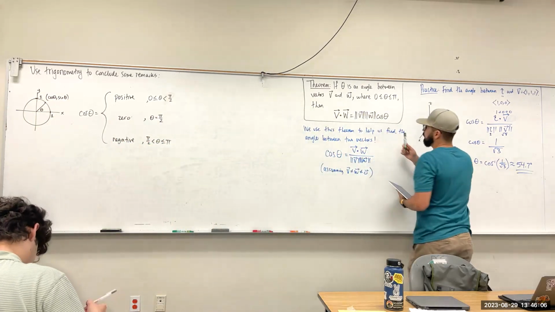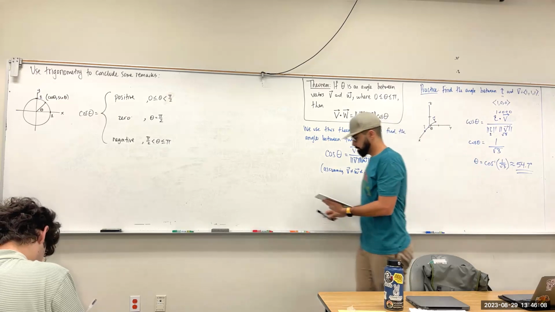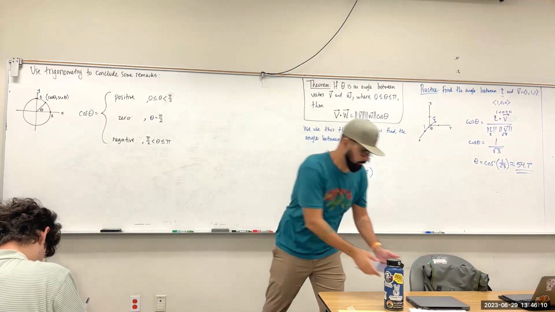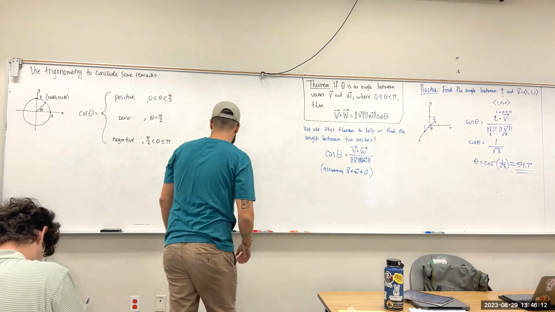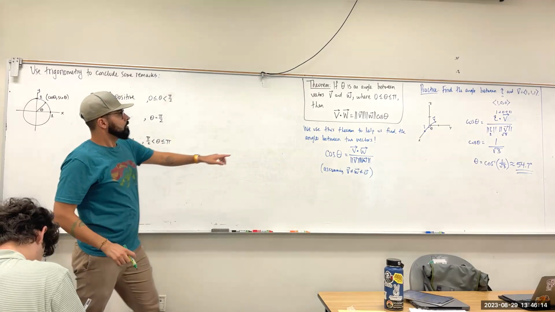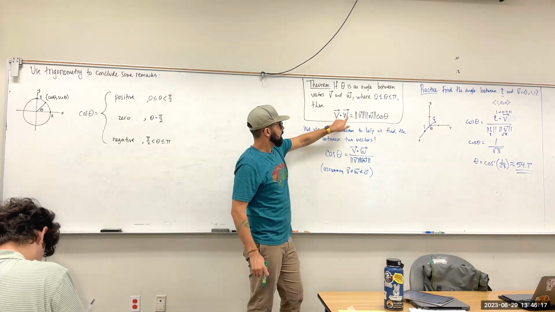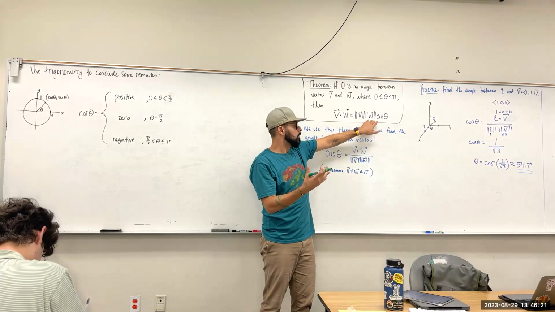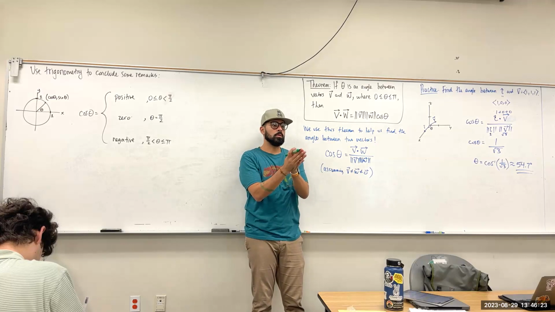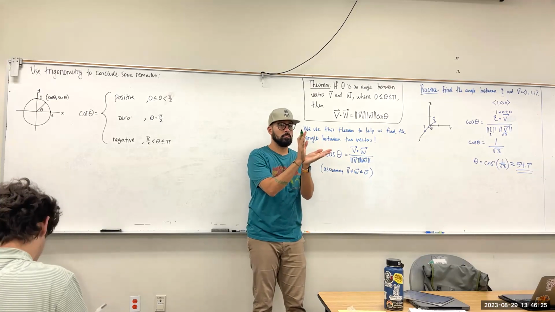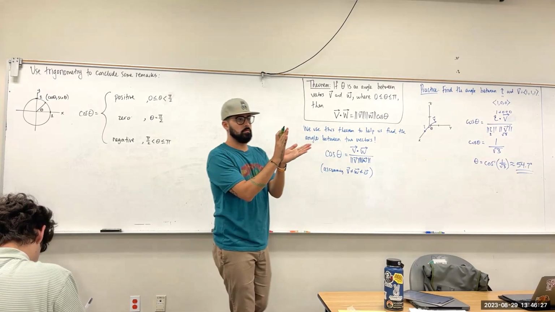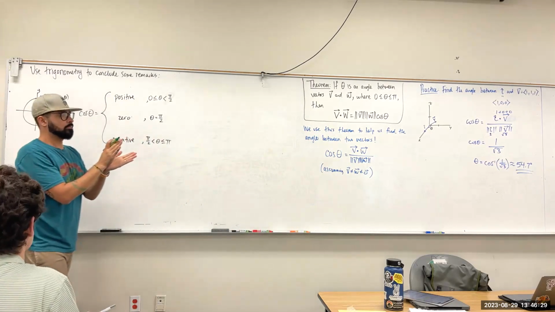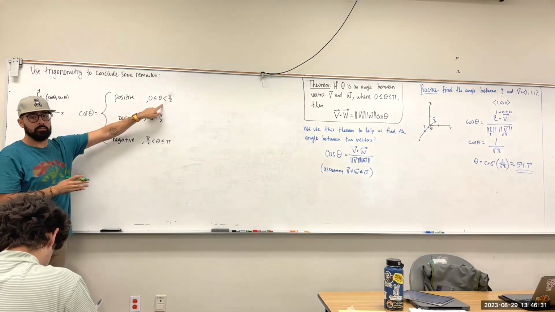But if we use this now, notice that when you do the dot product and you get a positive number, what does that tell you about the angle between the two vectors? It's going to have to be less than 90, right?